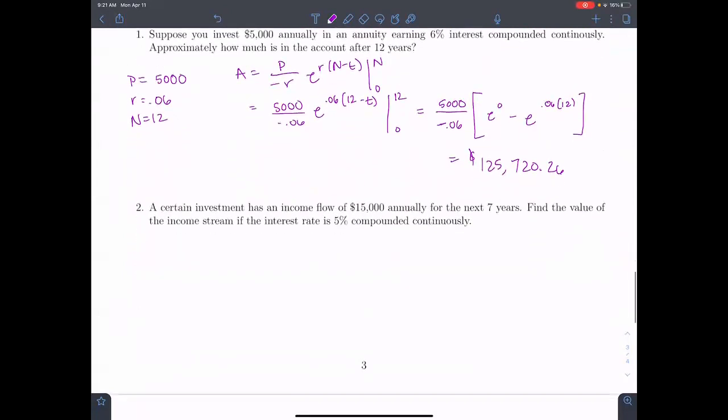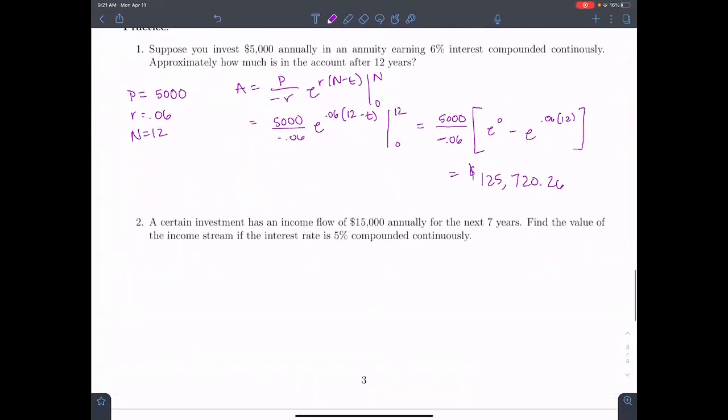All right. Now the next one is an income stream, so we're going to use that integral. Remember, A here is going to be the integral from 0 to T of R(t) times e to the R times T minus t, dt. This has an income flow of $15,000.